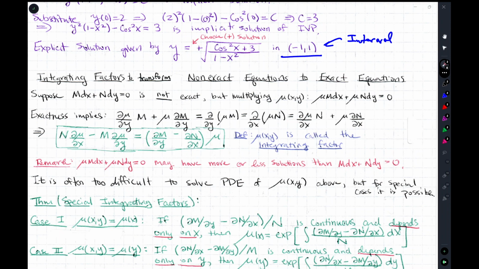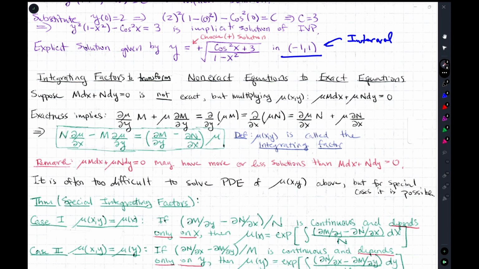Well, can we do a similar trick where we multiply by mu and make a non-exact equation exact? So this isn't exact, but when we multiply by mu, we make it exact. And again, we're pretty much going to get equivalent solutions. If this is true, then multiplying by mu, it still remains true, as long as you do the same thing to the left-hand side and right-hand side.